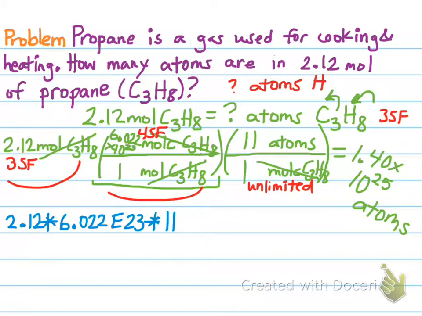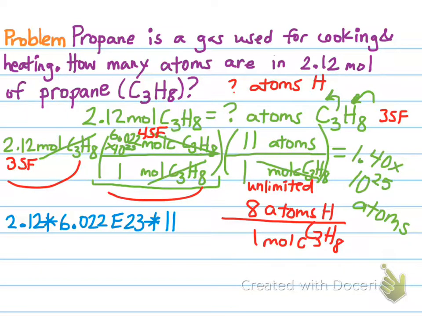All that would change is here, I would say that one molecule has 8 atoms of hydrogen because only 8 of those 11 atoms are hydrogen. Then that would give me how many atoms of hydrogen there are.